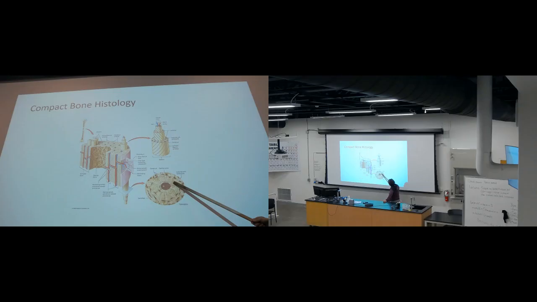These are the lacunae, and inside you have the osteocytes. And these little lines that you see there are the canaliculi, the space where the cytoplasmic extensions of the osteocytes go through.